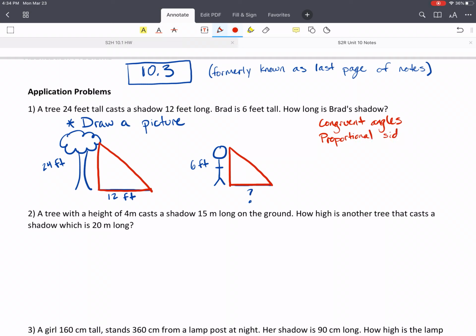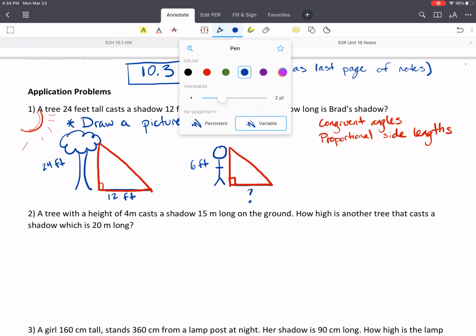The reason that these triangles are similar is because the sun is casting a shadow at the same angle between the 2 objects. So between the tree and Brad, that angle is the same, and then both of these are right angles. And so because of that, we can say that they're similar triangles. But I think some of you, without even having me explain, can figure out what is the length of Brad's shadow.